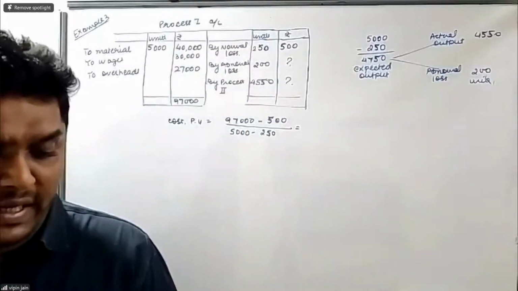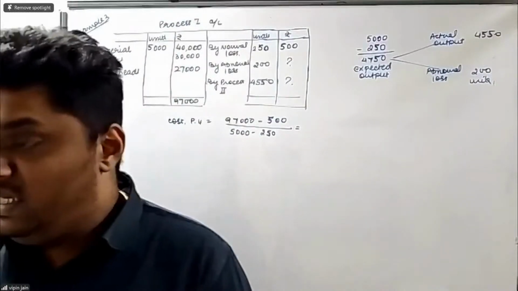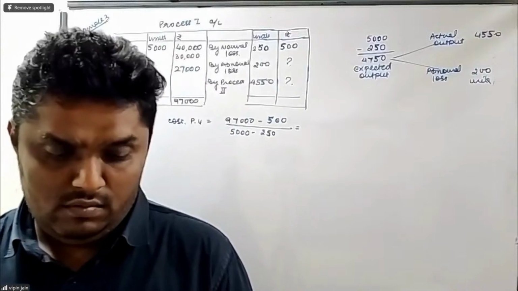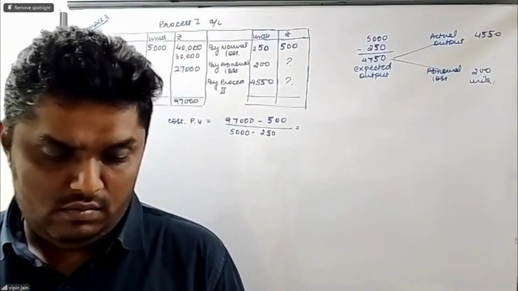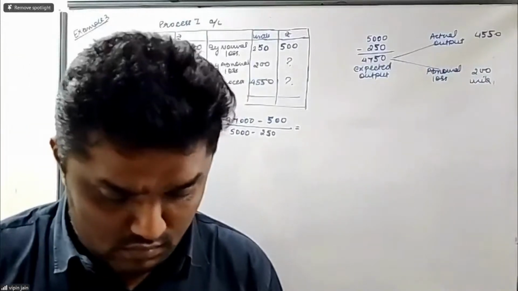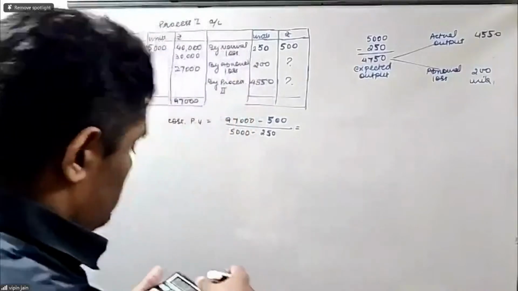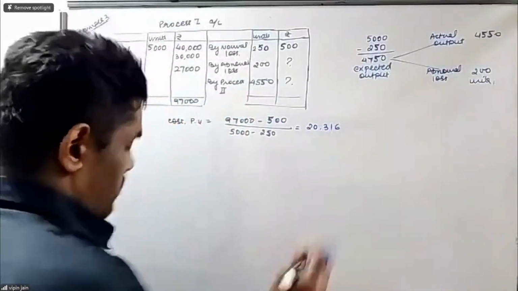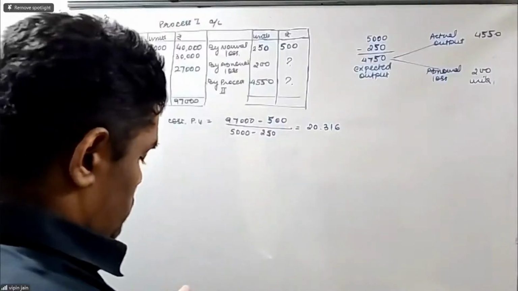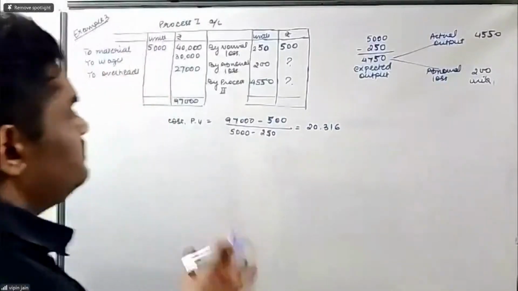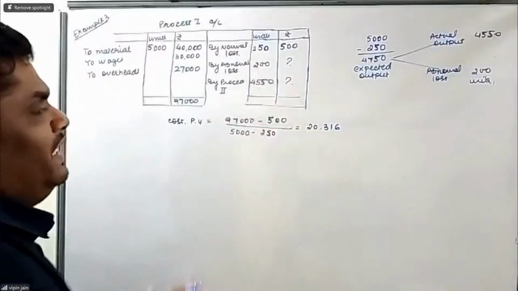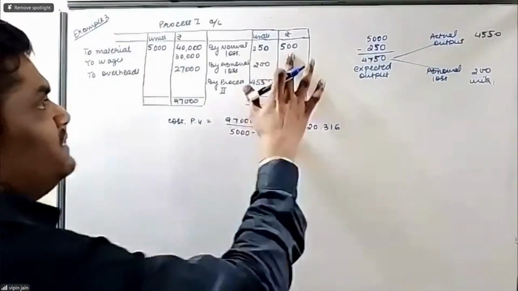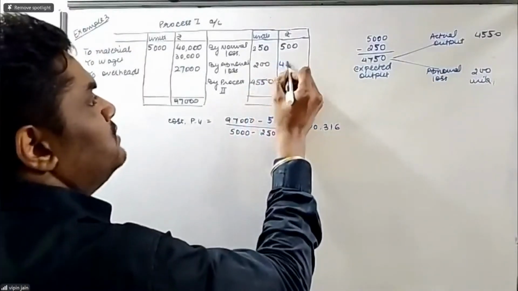So the value will be 20.315. Now 20.316 into 200, 4,063 will be the value of abnormal loss.